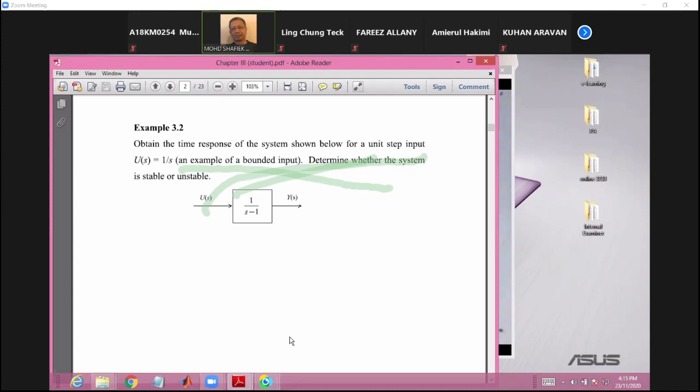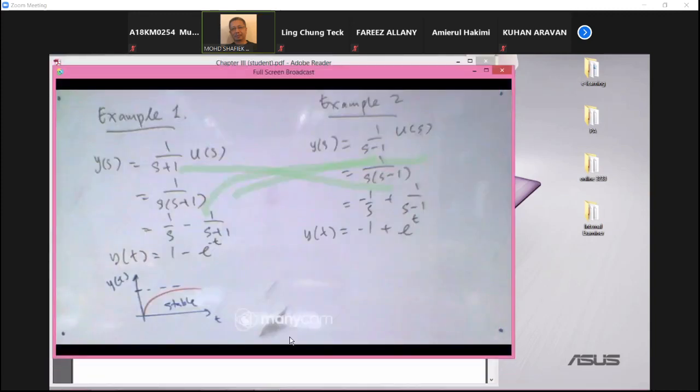Okay, so that's example 2. For a unit step input, you perform the partial fraction, then you have that.